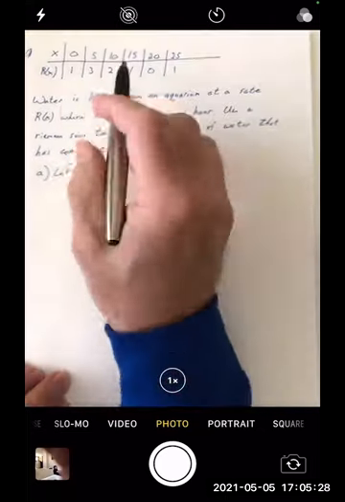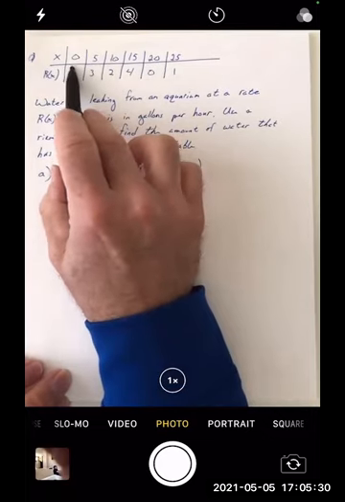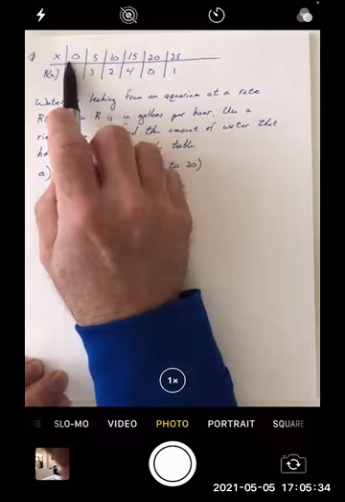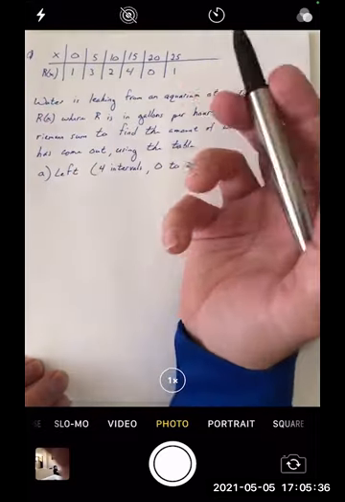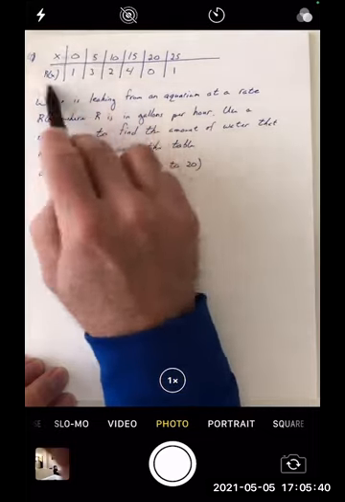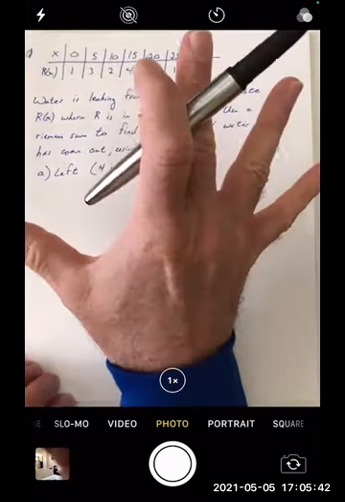Your intervals are going to be suggested or determined by your table because you're using the specific values they gave you. You can't use any other numbers than the ones that are up here, so don't start making things up.